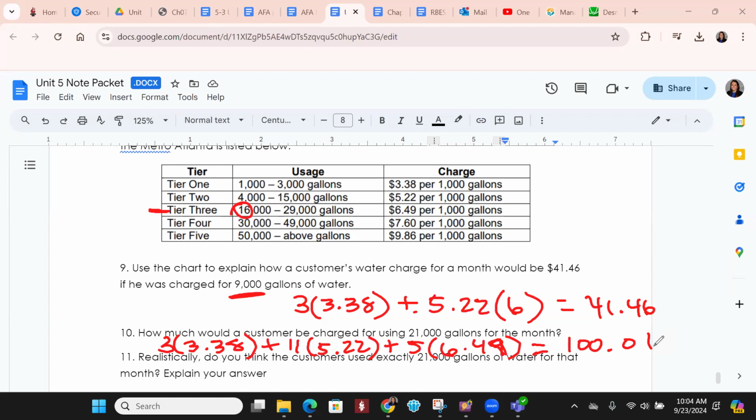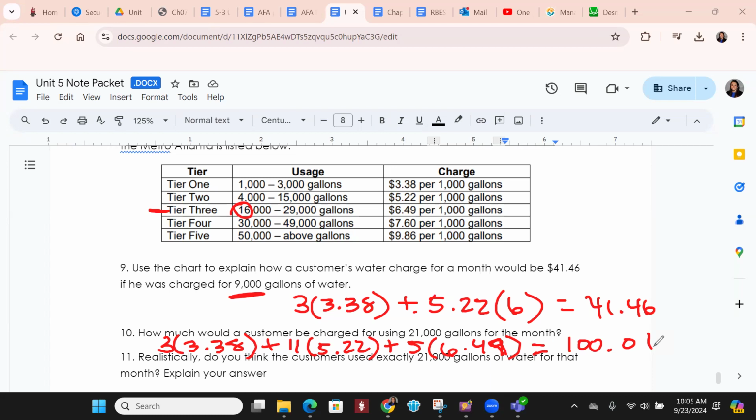Now, I do want to be clear. 21,000 gallons of water. What does that even look like? Good answer. Almost a swimming pool. A little less than a swimming pool. Maybe a backyard pool, like one of those out of the ground type pools.